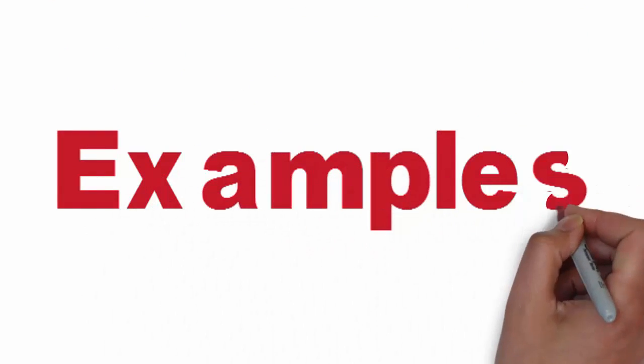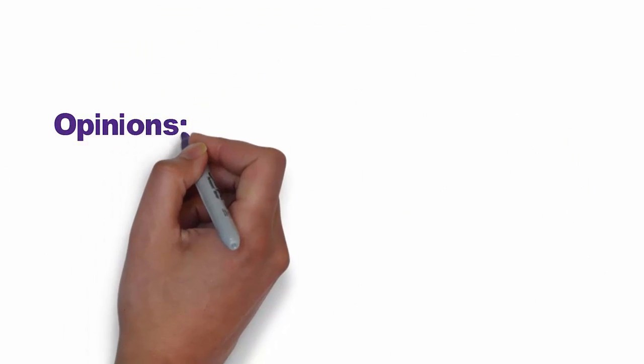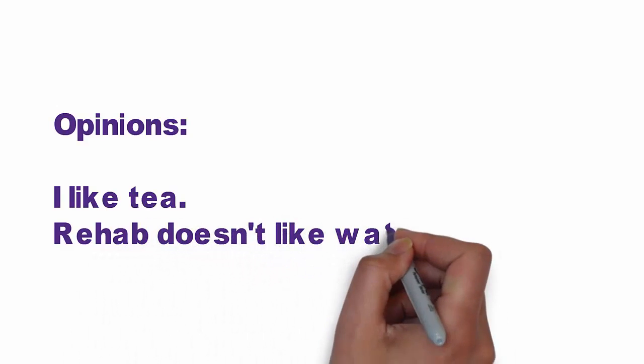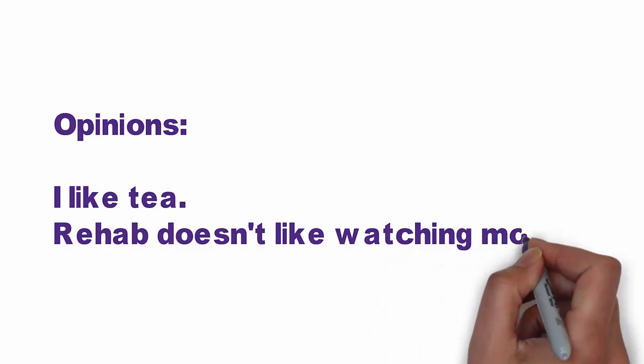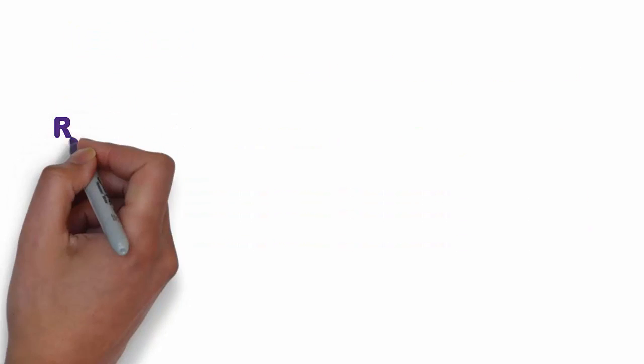Okay? Here are some examples about opinions. When you talk about opinions, for example, you can say, I like tea. Rahab doesn't like watching movies. Okay? So, these are some examples of opinions. Some examples for sentences about routine and habits.